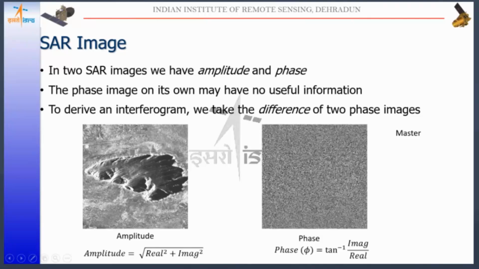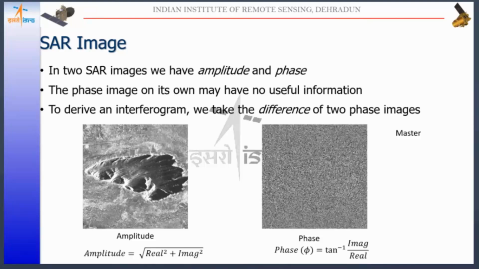Every satellite provides the SLC image, and we start our processing from it. The SLC image contains both components, real and imaginary, and from these we derive the amplitude and phase. Amplitude is given by this formula and phase by this formula.